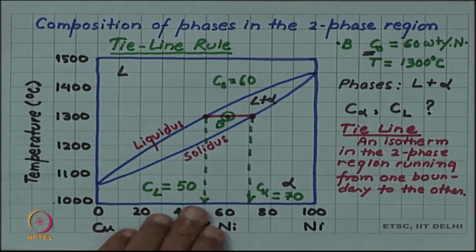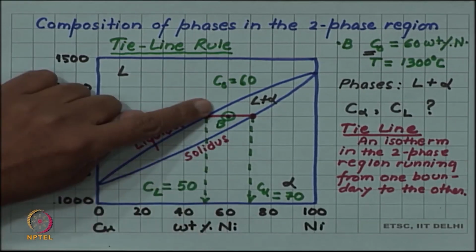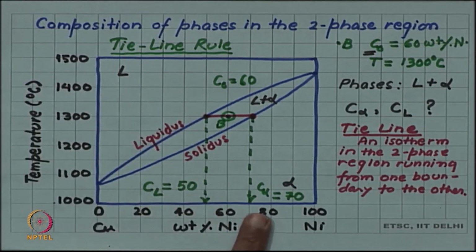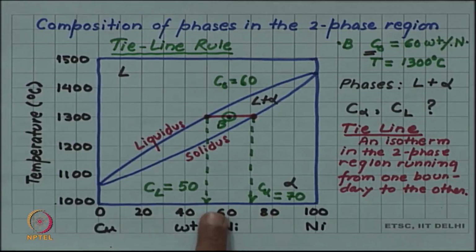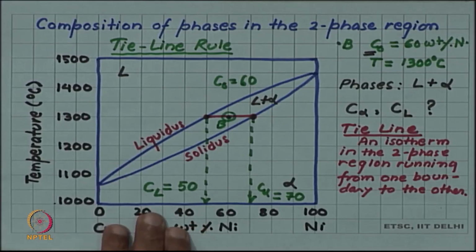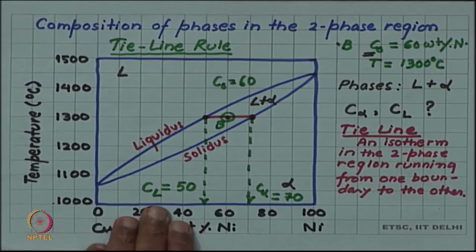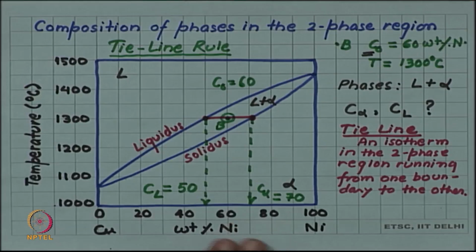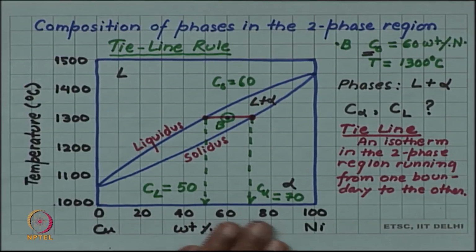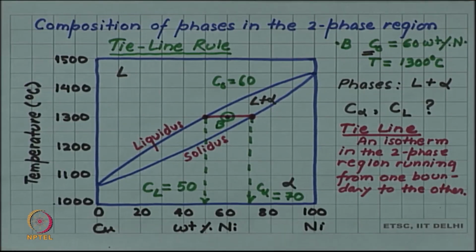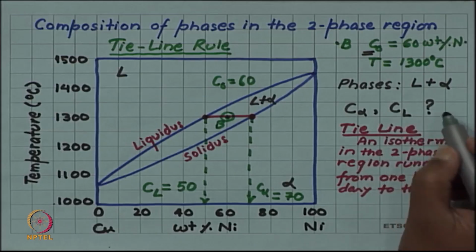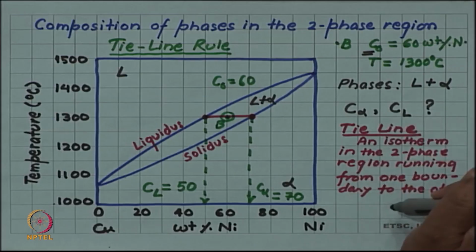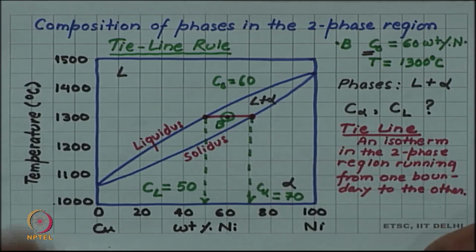Of course, since the alloy has 60 weight percent nickel, the other phase has to have more nickel to get an overall composition of 60. So, the liquid has 50 weight percent nickel, less than the alloy composition, but alpha counterbalances that by having more nickel, 70 weight percent. So, in the two phase region, the phase composition is not equal to the alloy composition and is given by the tie line rule.